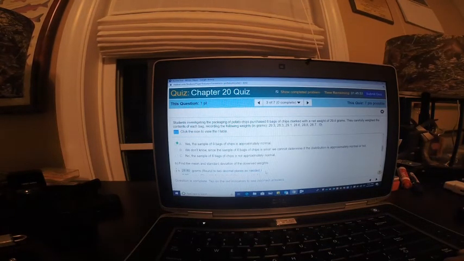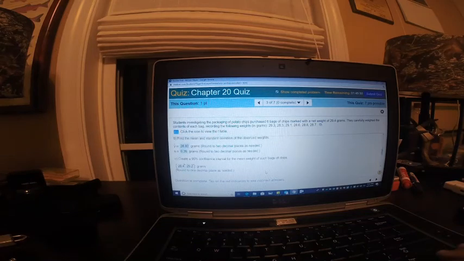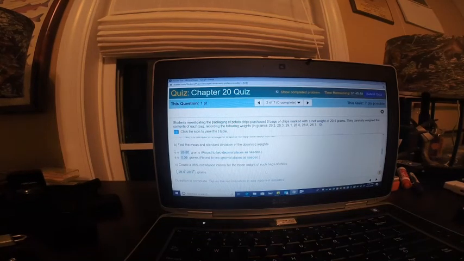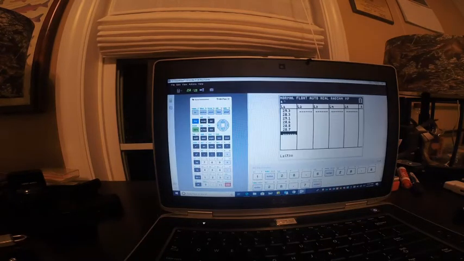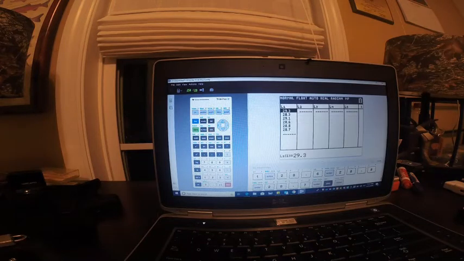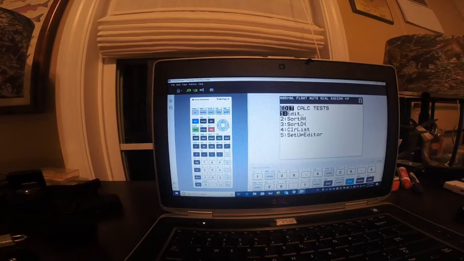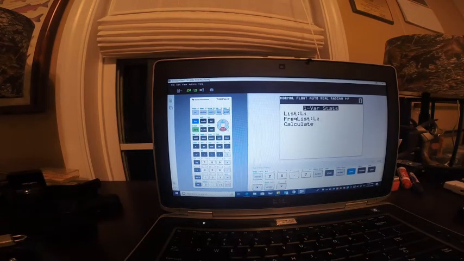Okay. So B says find the mean and standard deviation of observed weights. So we have our weights here. All I did over here on the calculator is I typed them into my list 1. Remember, stat, edit. There's your list 1, right? So if you wanted to find just the mean and standard deviation, you could do second count, 1 variable statistics, frequency list.